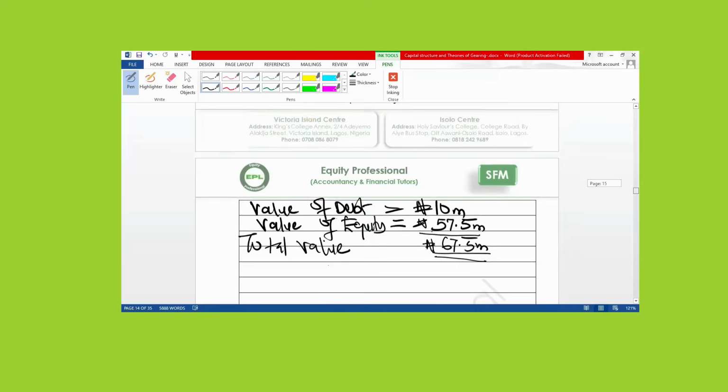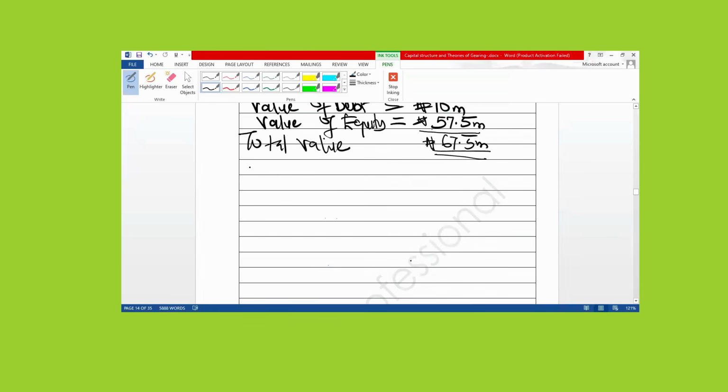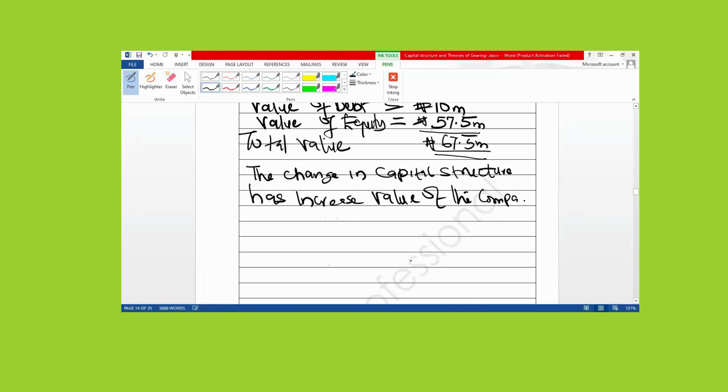The change in capital structure has increased value of the company from 65 million to 67.5 million.